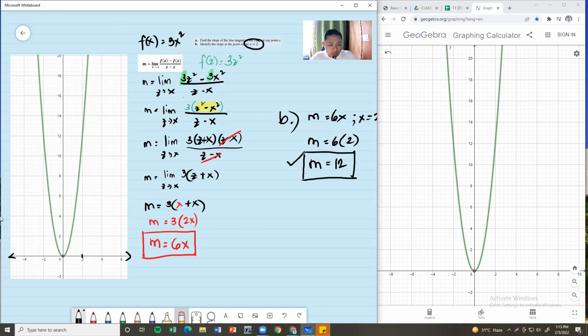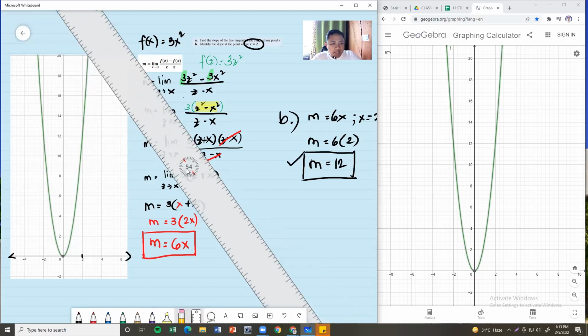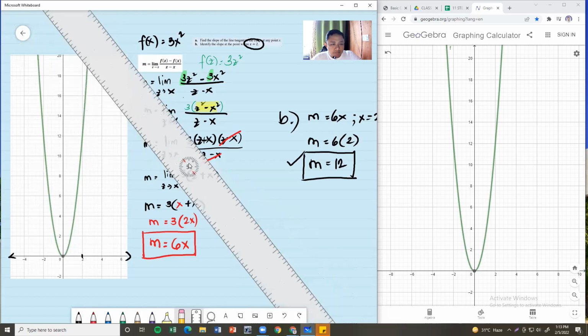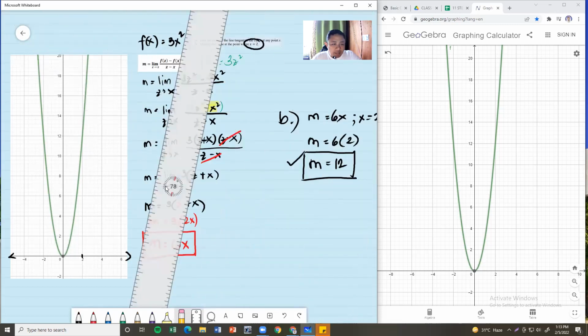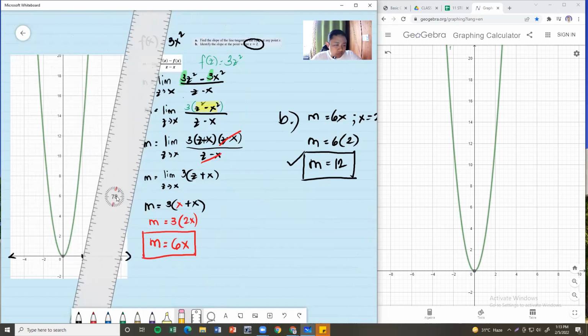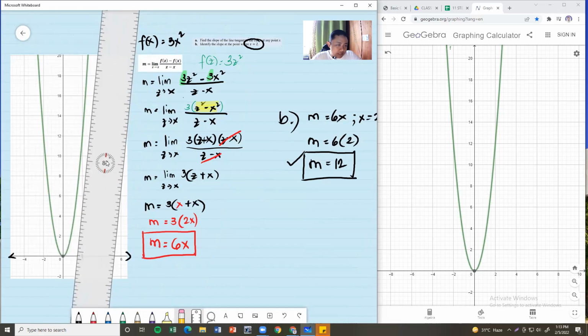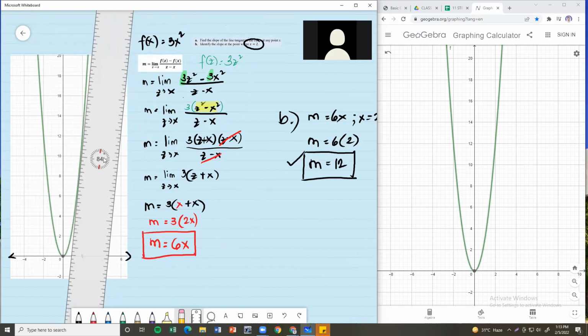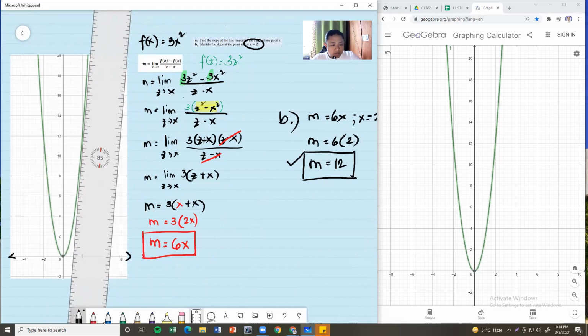If we will be drawing our tangent line here, at 12, m is equal to 12. If x is 2, it should be here at 12. That is where our tangent line should touch. There. I hope you can imagine. So, let me just draw this.